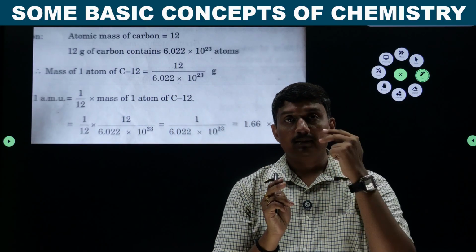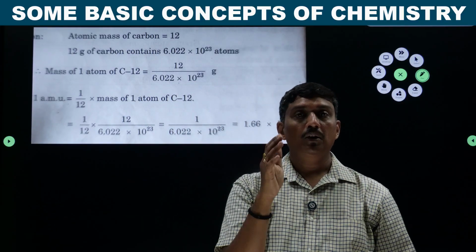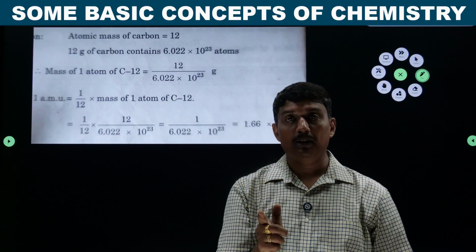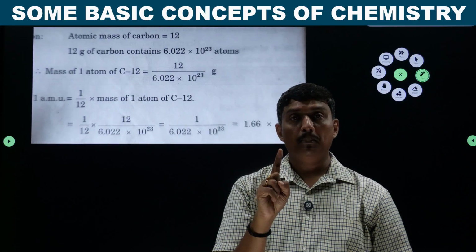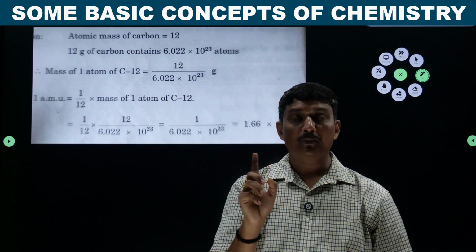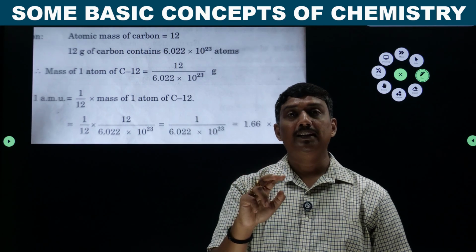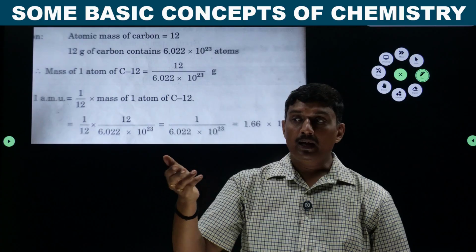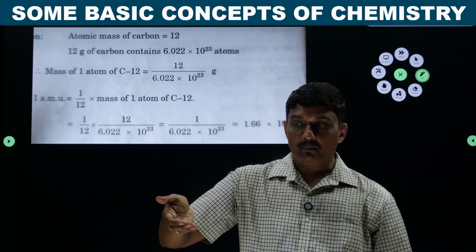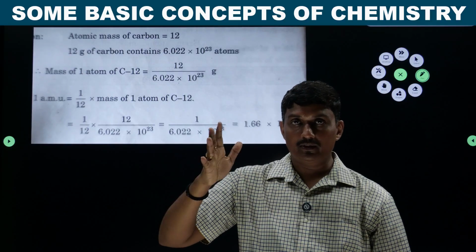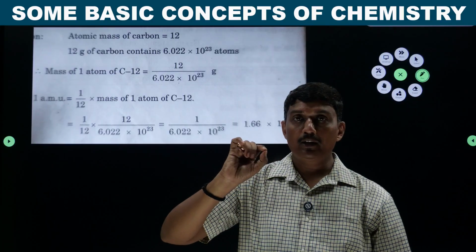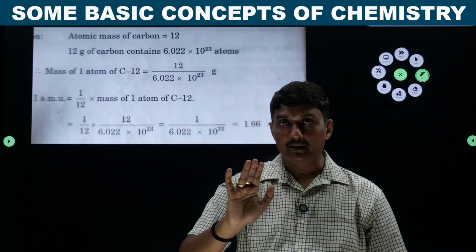That is clear. The second topic is isotopes. What are isotopes? Isotopes are atoms of the same element, but they differ only in mass number. The difference in mass number is due to change in the neutron number. As the number of neutrons increases, mass increases, and mass number also increases. So, by considering its isotopes, relative atomic mass should be calculated.